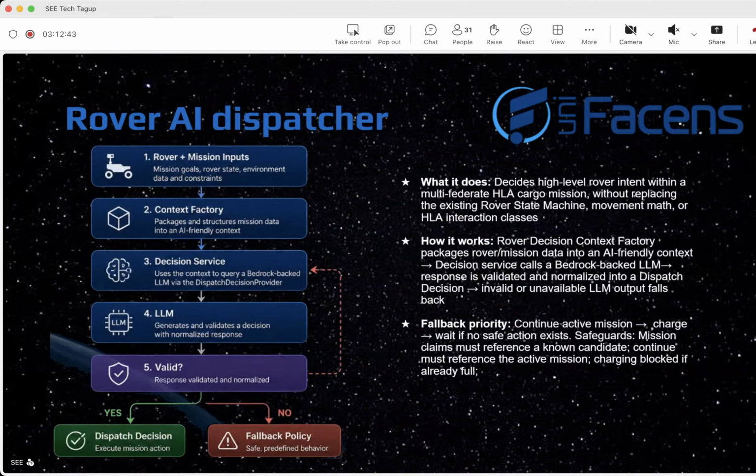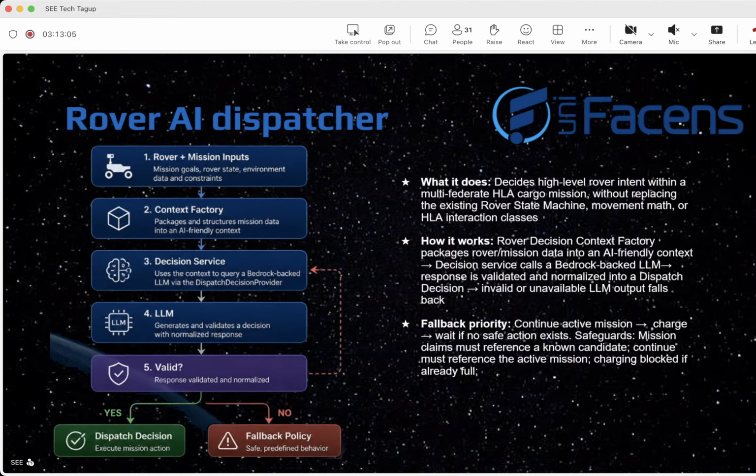But to do this safely, we implemented a validation system. And if anything goes wrong, it goes to the fallback policy. That is, continue the current mission, select the best available one, recharge if needed, or wait.